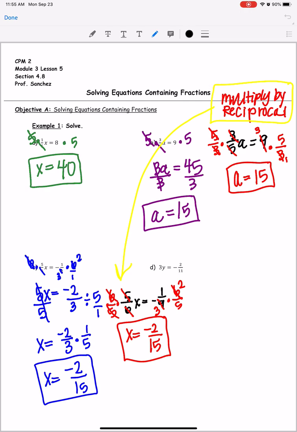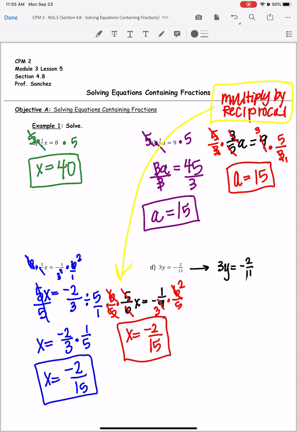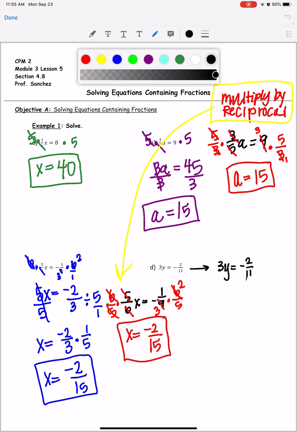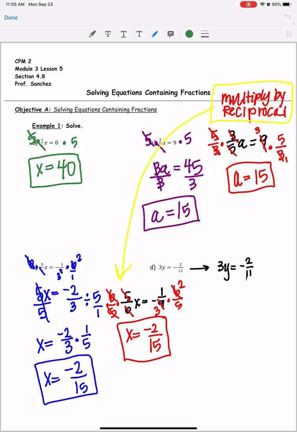Okay. Now for part D, since I kind of ran out of room and used too much of my room, I'm going to kind of move this one over here. So I've got 3y equals a negative 2 over 11.